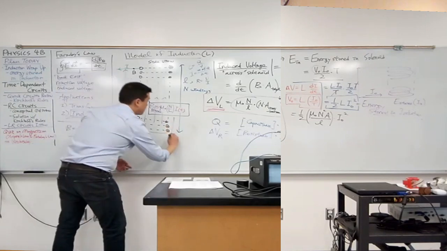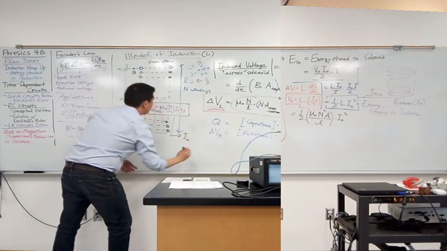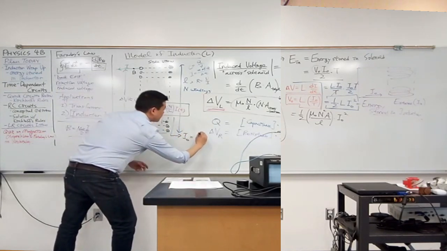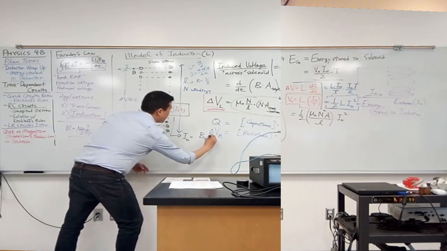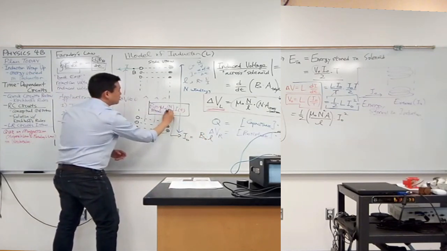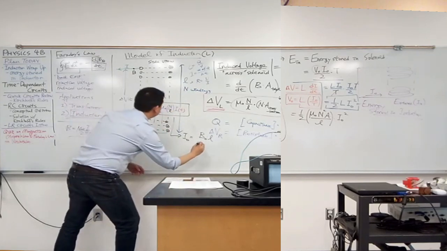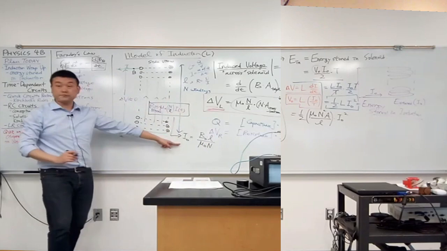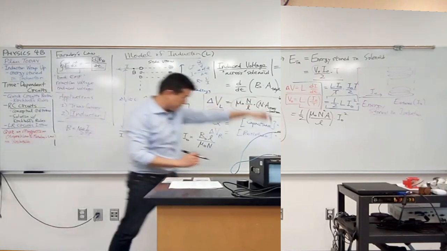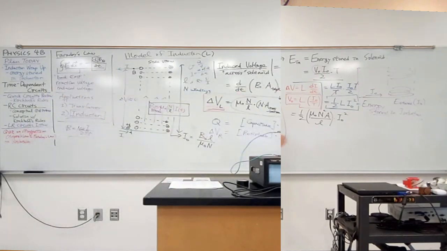Let's see what happens. Solving this for current, I naught, it's going to be the magnetic field, B naught, times L. Sorry, I forgot to change this to lowercase l. Divided by mu naught n. Let me plug this in there and let's see what happens.